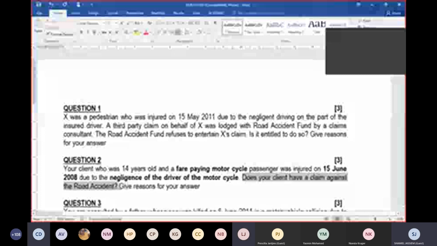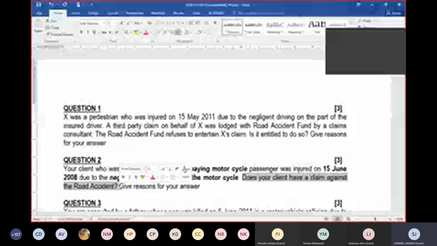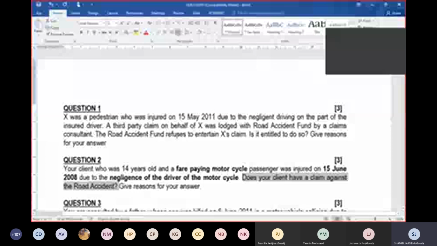No, it falls under the exclusions. That exclusion is only applicable to the old act or the new act? Old act. We're dealing with the old act, so that exclusion is applicable here.